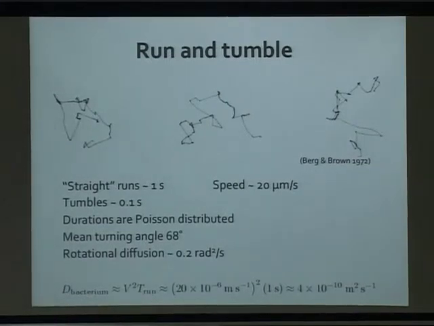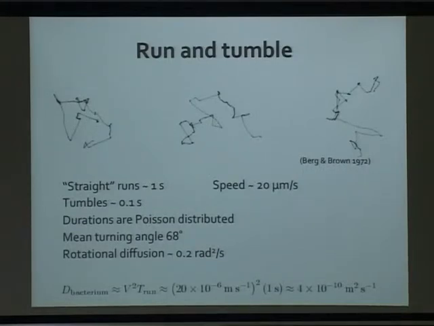The duration times of these two phases are very different. So runs last on average 1 second, order of magnitude-wise. These tumbles are faster events. They last 1/10 of a second, typically. The duration of these phases is not set deterministically, but rather follows approximately a Poisson distribution.